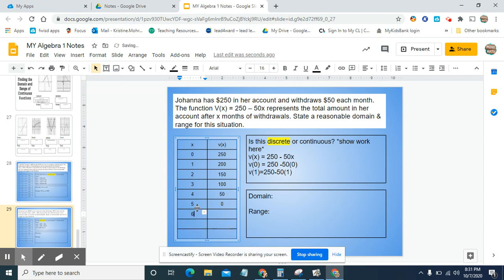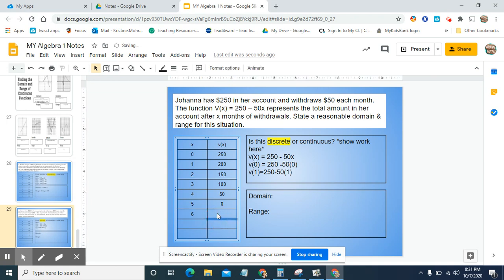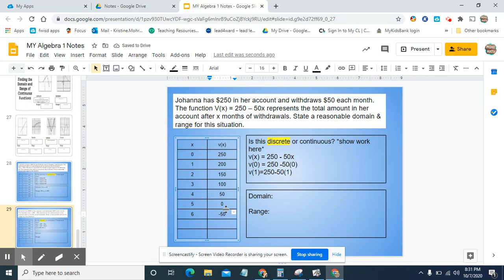And we could go to 6 months, but now she's going to get into that negative amount. And I don't know if you guys know, but if you are physically going to the bank and saying, I want to withdraw money and take money out of my account, even though you don't have it, they're not going to do that for you. They will not let you pull money out of your account if it is not currently in your account balance.